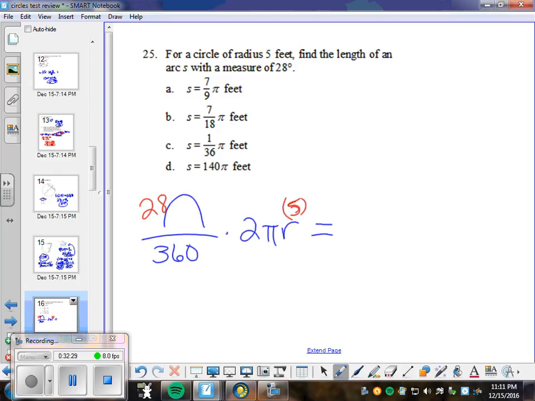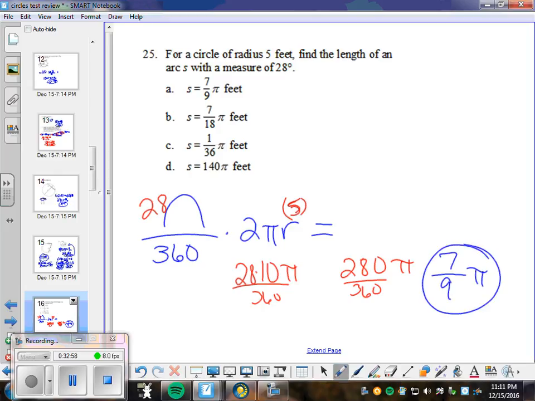So this is going to be 10 pi times 28 over 360. So 280 pi over 360. When I simplify that fraction, 280 divided by 360, math fraction on my calculator, I get 7 over 9 pi. So it is A.